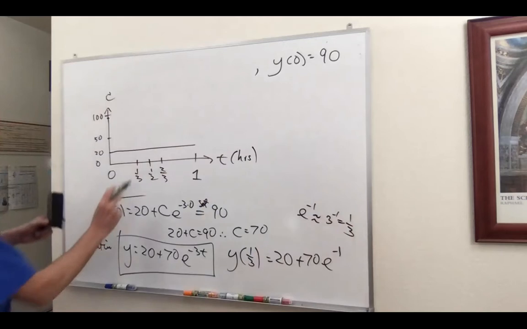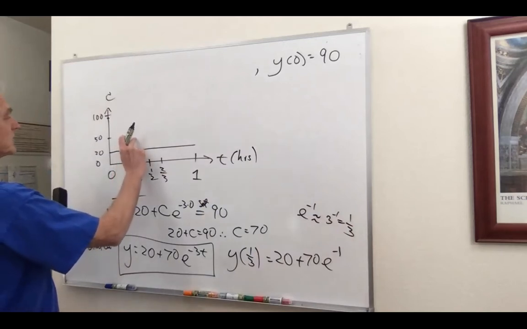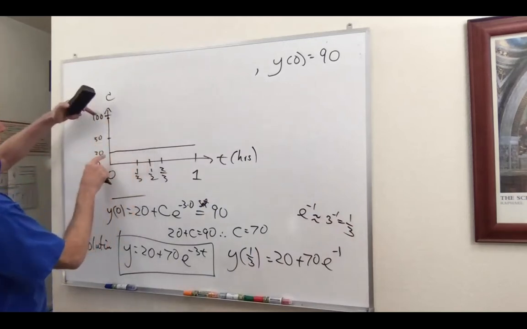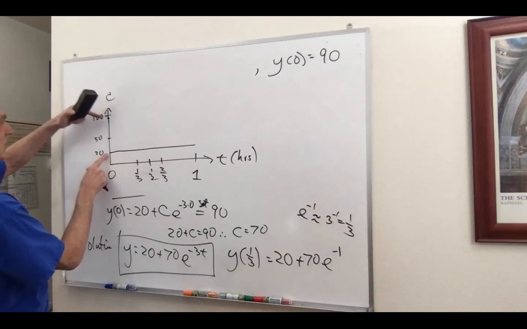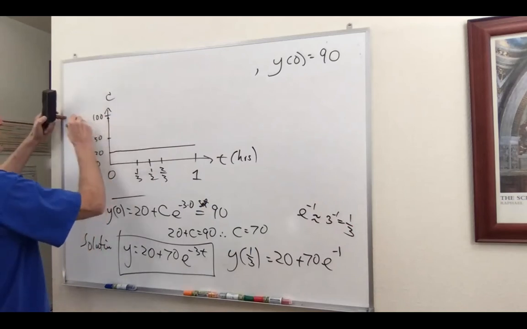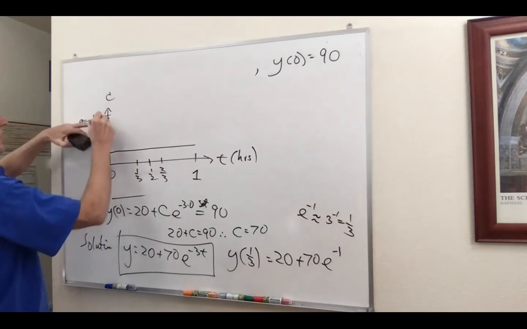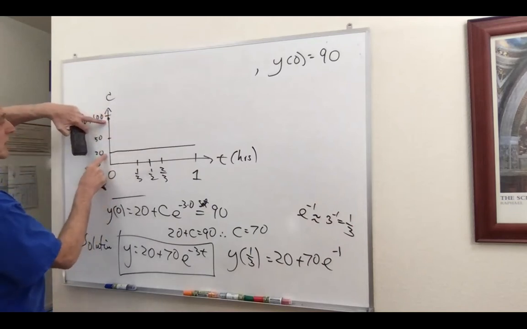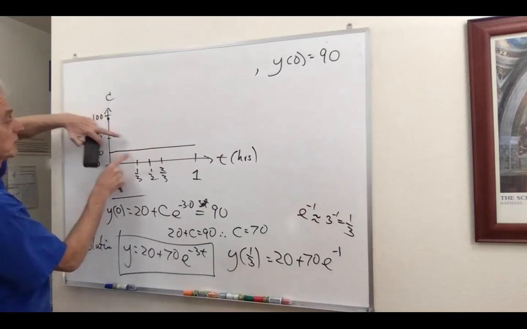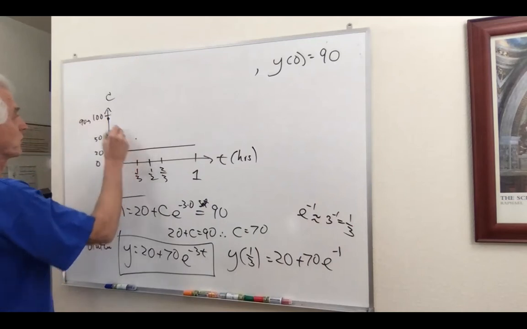So when I get to here, the initial 70-degree temperature difference, here is 90, it starts out at 90, gets multiplied by a third. It's around here somewhere.